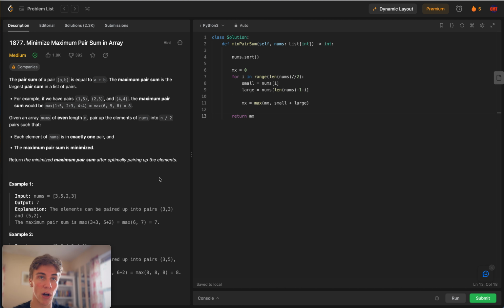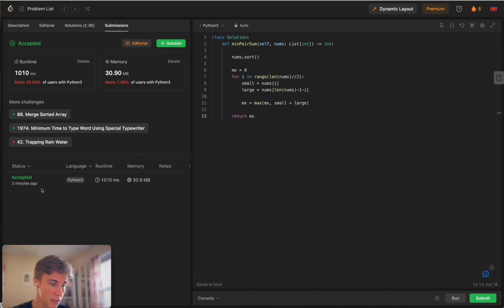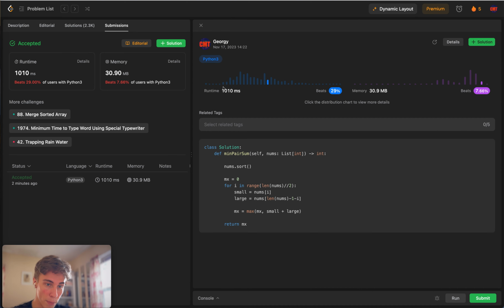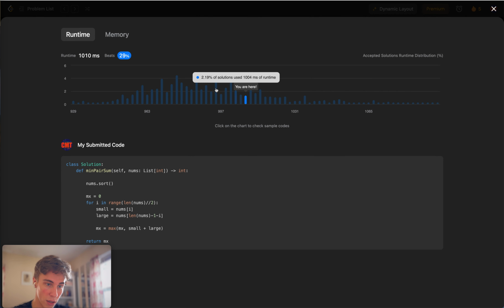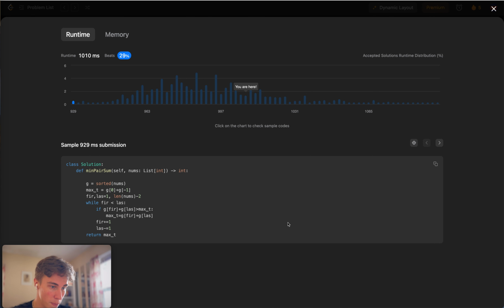However, I still don't have a concrete voice explanation for how this should work. Let's see if there are any better solutions, because frankly 29th percentile isn't ideal. So they're still sorting.